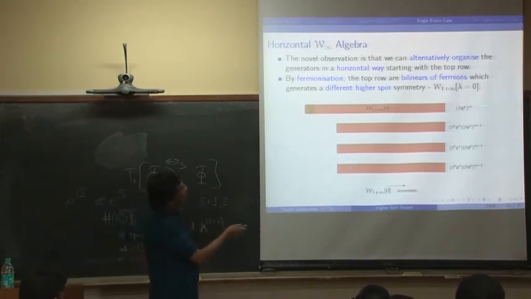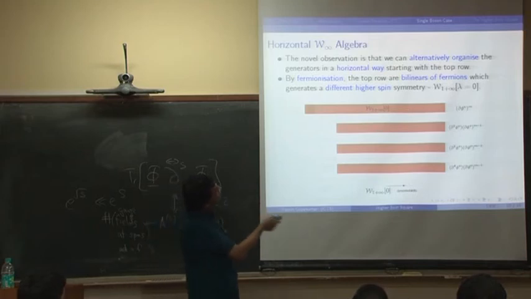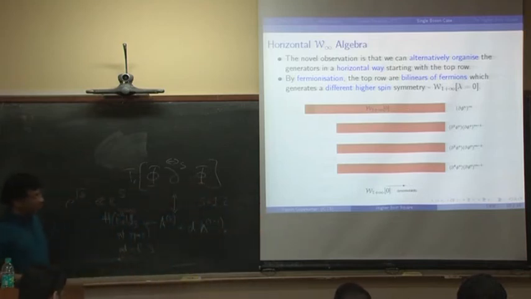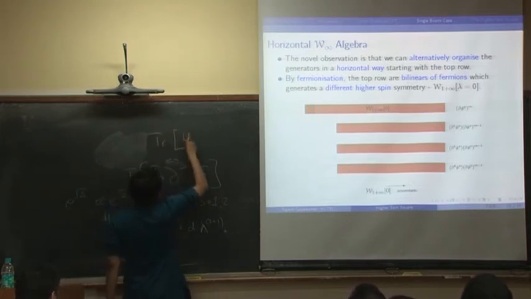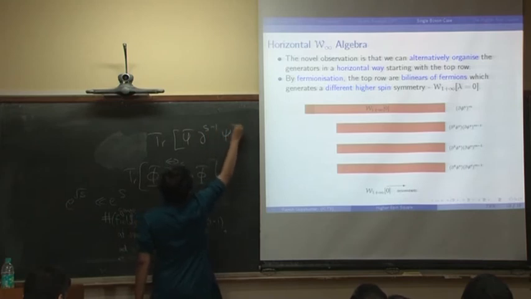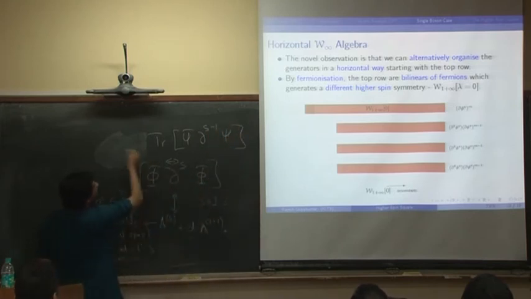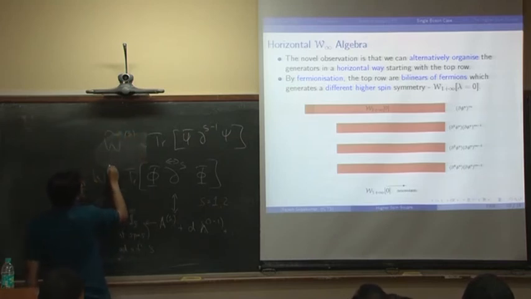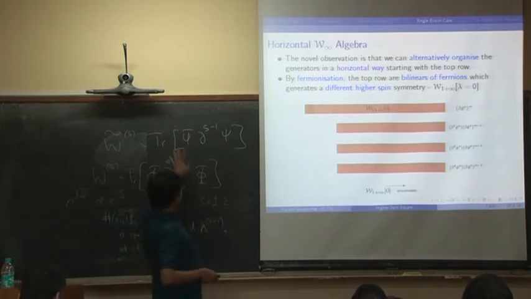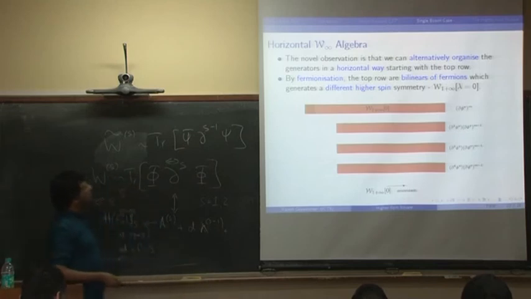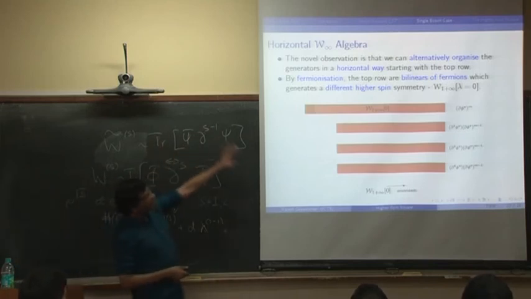So this top row generates a W infinity algebra, a different one from the one you get from these generators. So this is some W tilde S like this, whereas the original WS is something like this. So you have a new set of generators over here, which are basically bilinears of these fermions. They form a closed algebra.